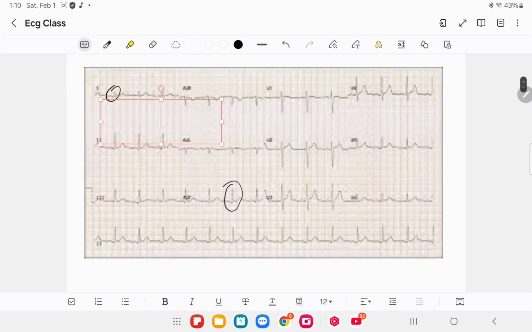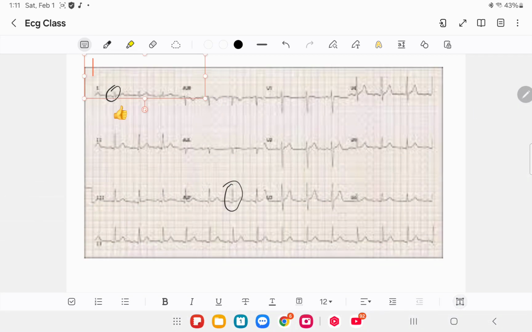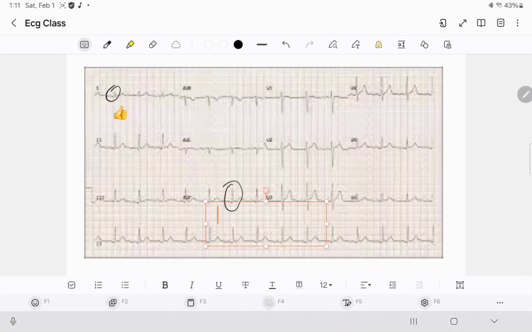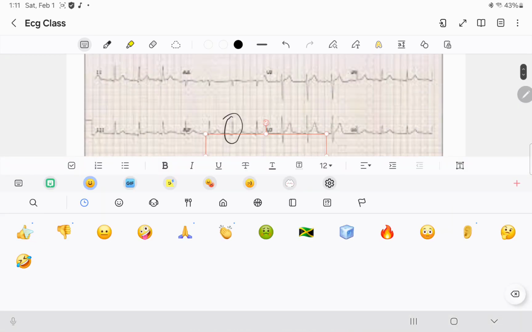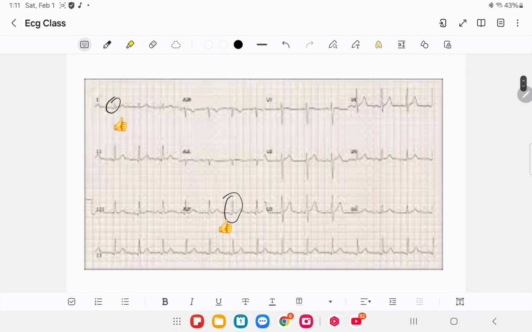All right, there we go. Got a thumbs up there, and got a thumbs up here. Right, so that's normal. Okay, let's move on.